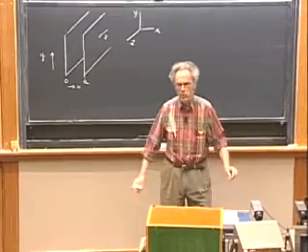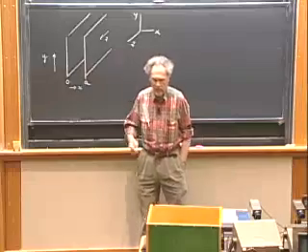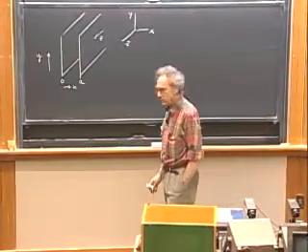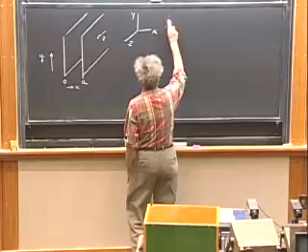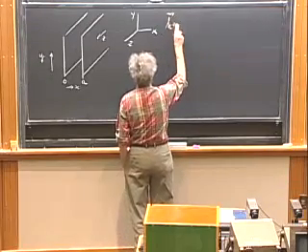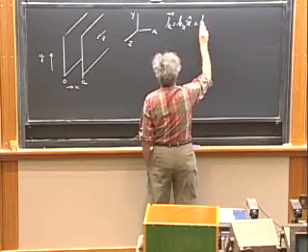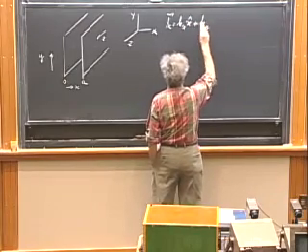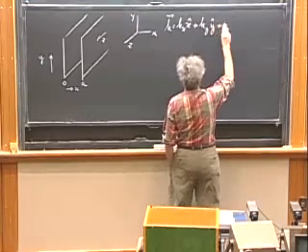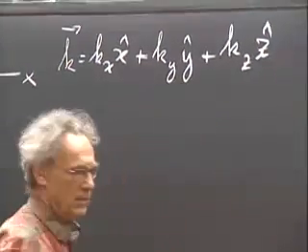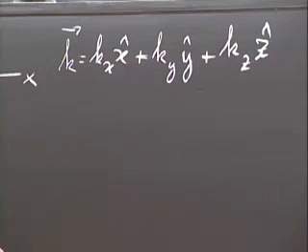I'm going to try to send electromagnetic radiation through this gap. And what now comes holds always, that k is always kx x-hat plus ky y-hat plus kz times z-hat. And k is the direction then of propagation.